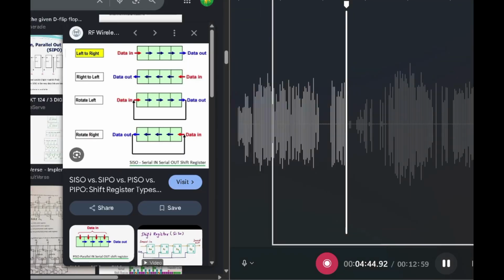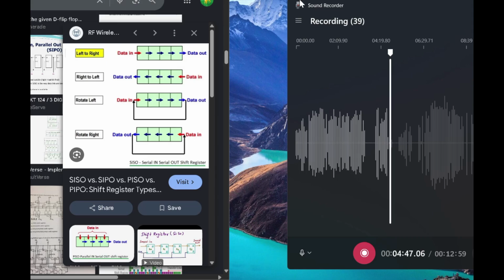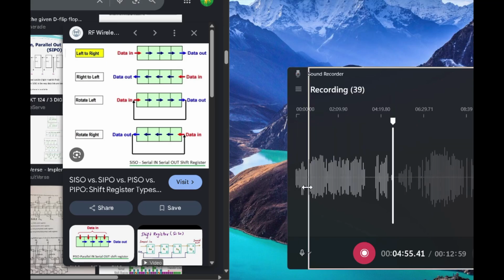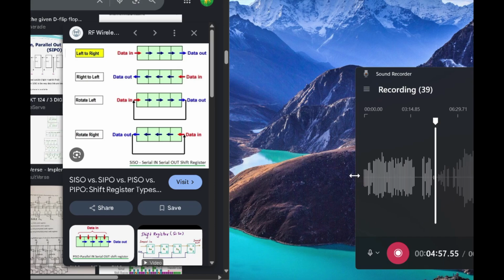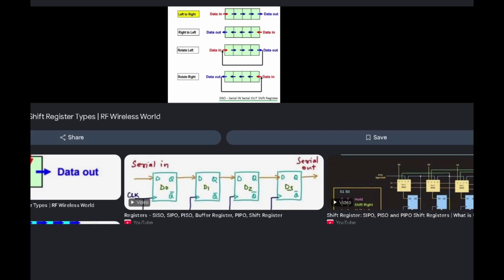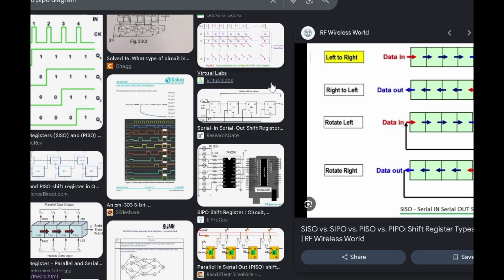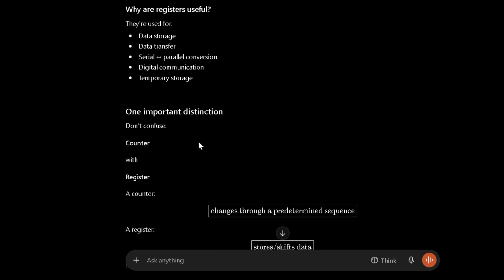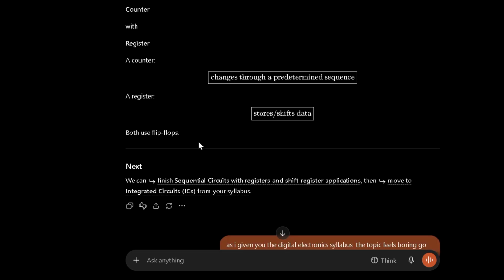This is the clock, the clock pulse. Here it is one bit at a time.